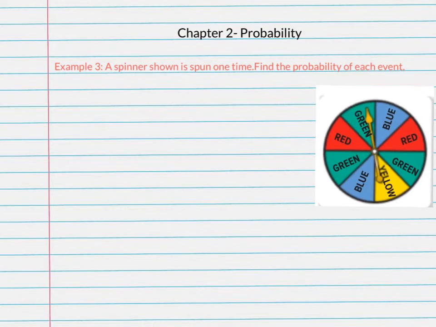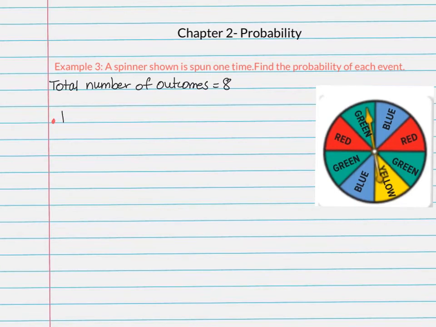Let's count them together. I have 1, 2, 3, 4, 5, 6, 7, 8. So my total number of outcomes is 8. I wrote it at the top to make sure that we're going to use it in all of the questions in this example.